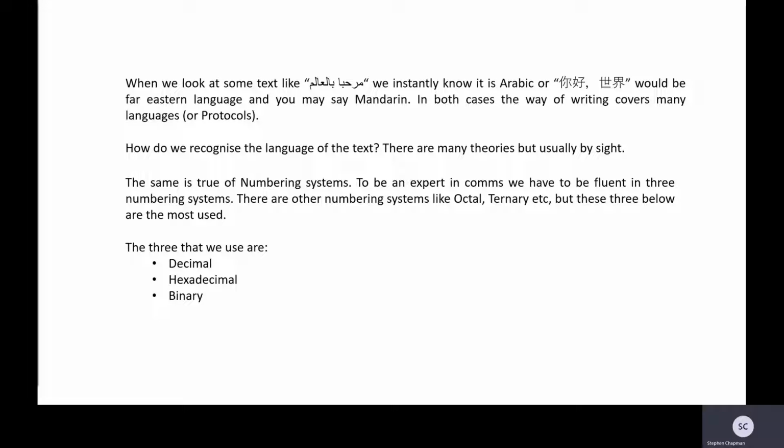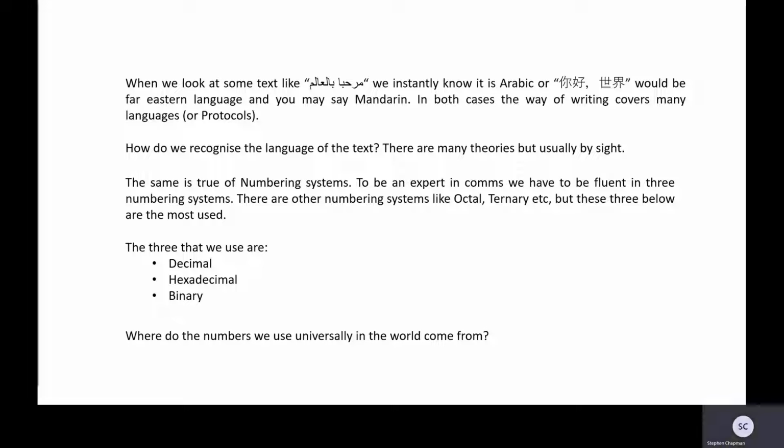What are the 3 numbering systems that we're going to use? It's decimal, hexadecimal, and binary. Luckily, all of us are already fluent in one of those, at least in the decimal system. It's the numbering we use every day.